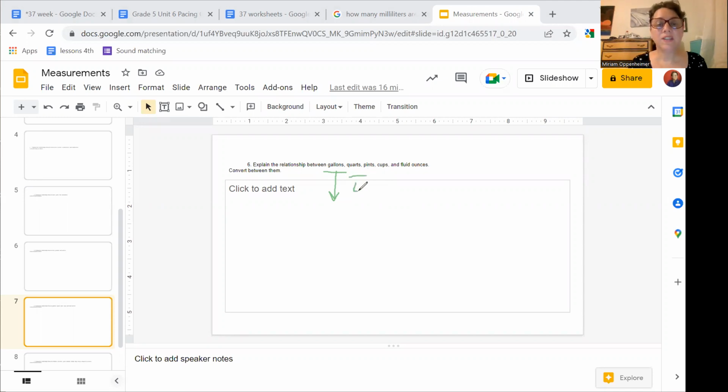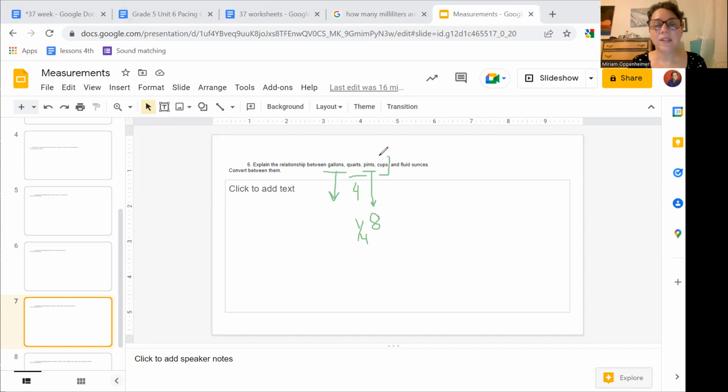That's the biggest one. 4 quarts makes 1 gallon. That's why it says quart, like quarter, or the money quarter, right? 4 quarts is 1 gallon. These are called pints. How many pints is 1 gallon? It's 8. 8 pints is 1 gallon.